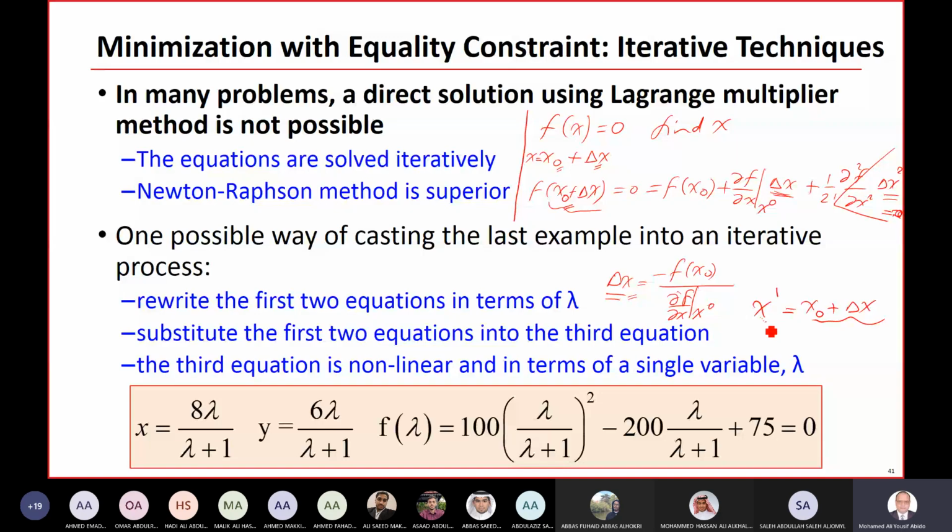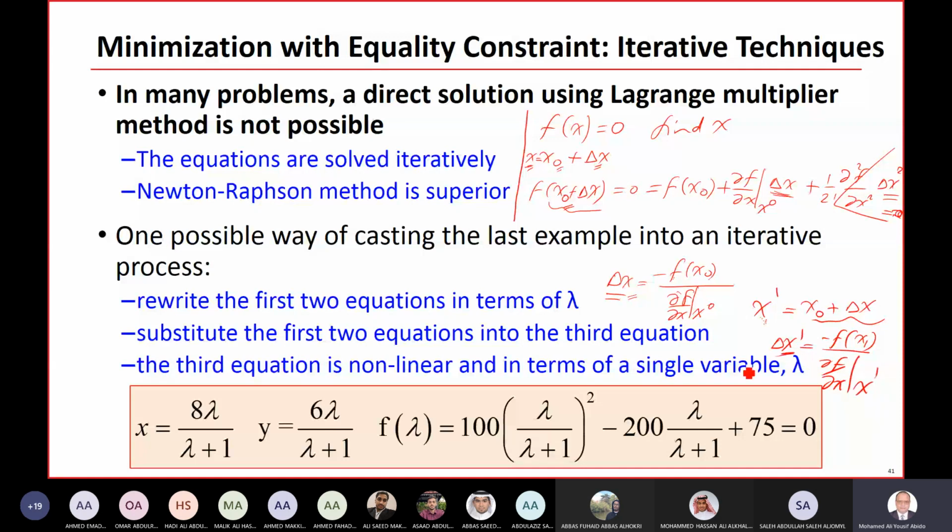Let us take this x1 and assume that x1 also is different from x, the final solution, by delta x. So again we can incorporate it here, and we can get delta x1, which is the difference, equal to minus f of x1 over partial f by partial x calculated at x1.